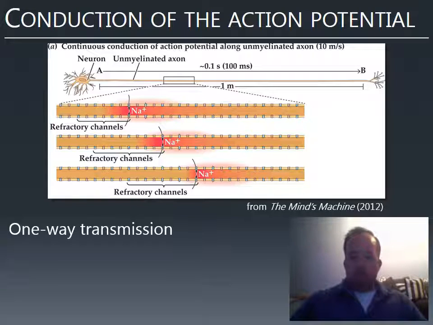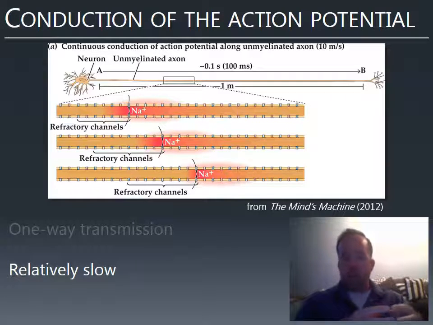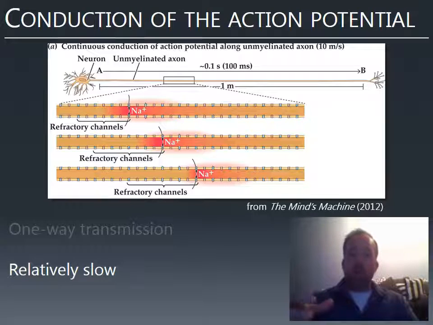Now in a normal unmyelinated axon, it moves about 10 meters a second, which sounds fast, but relative to myelinated axons, as we'll see, it's really not that fast at all. So what happens? Well, if an action potential fires, imagine you're the next location down the line, so to speak. All the sodium has just come into the axon next to you. And so that sodium has a positive charge, and it's going to depolarize your section of the axon.